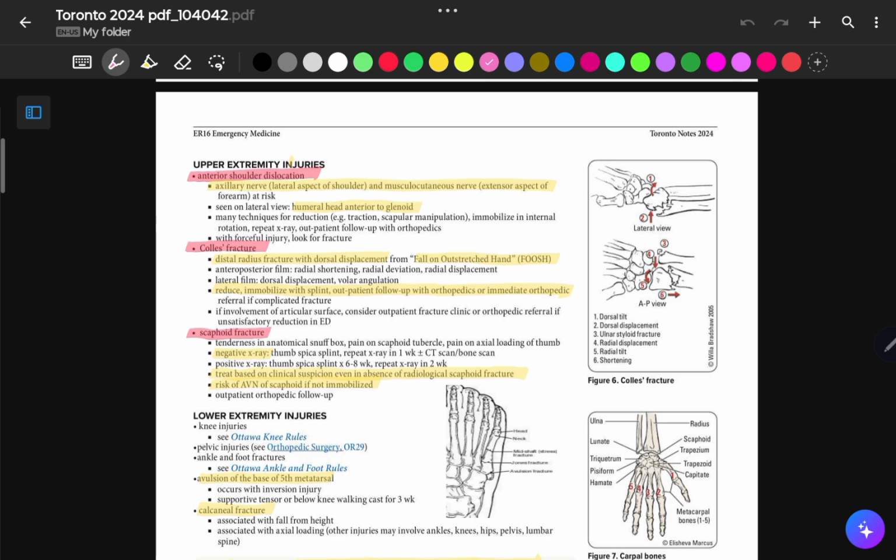So next is your Colles fracture. What does that entail? It usually occurs when the patient has a fall on an outstretched hand. It's a distal radial fracture with dorsal displacement, as you can see on figure 6.